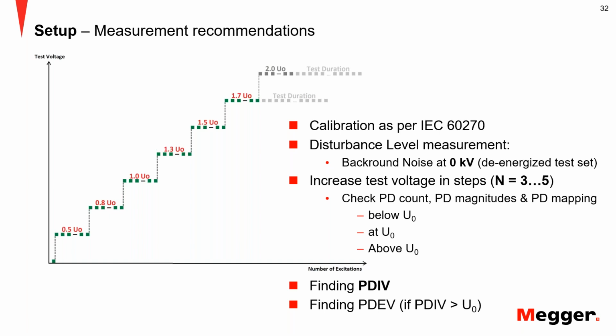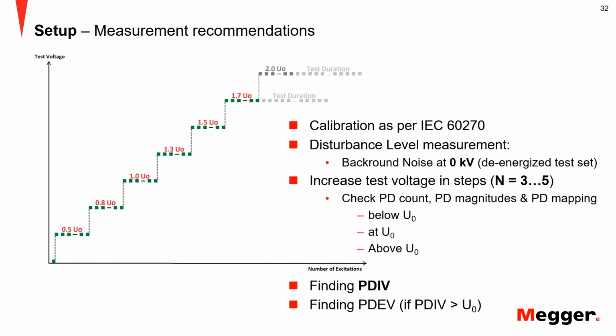The next thing is, in your software, you initiate the PD testing equipment, but you don't put on any voltage, you don't energize. You just record what your PD detector gets back just by listening. That is called disturbance level or background noise.